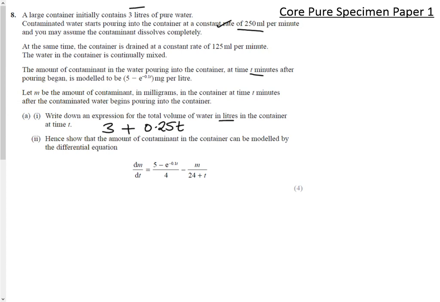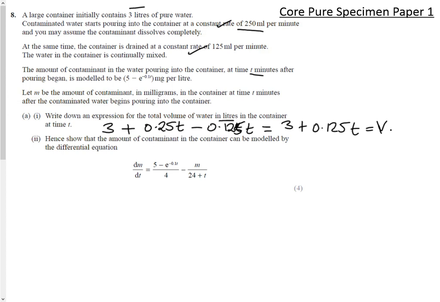Okay, so that's that bit, and then the container is drained, so that's water going out at a rate of 0.125t per minute. There's nothing else to do with the change in the level of liquid, so if we simplify that, we get 3 plus 0.125t. So that's going to be our volume.